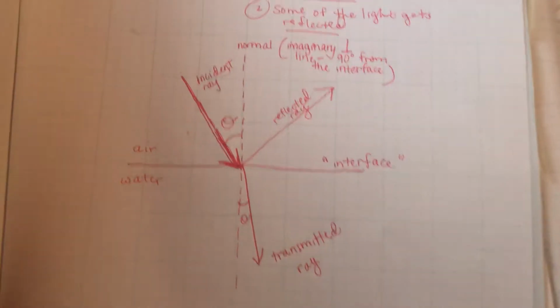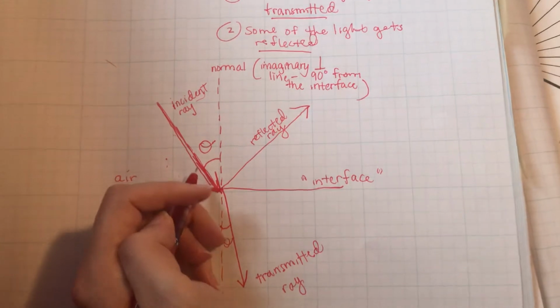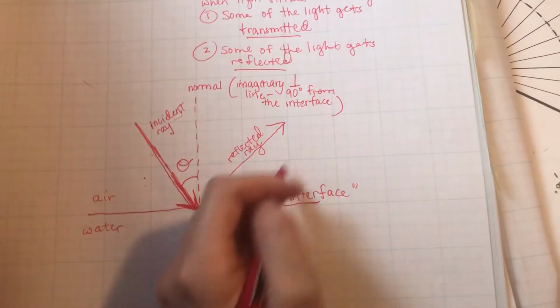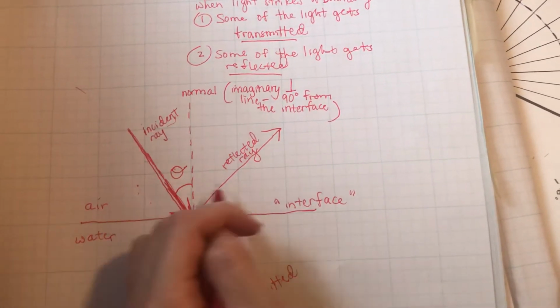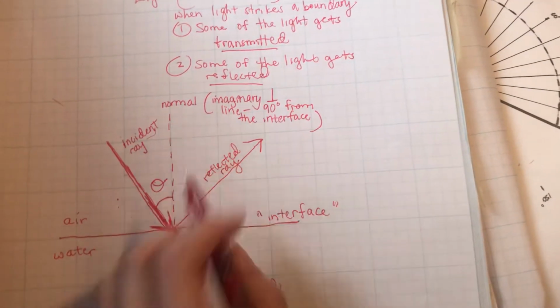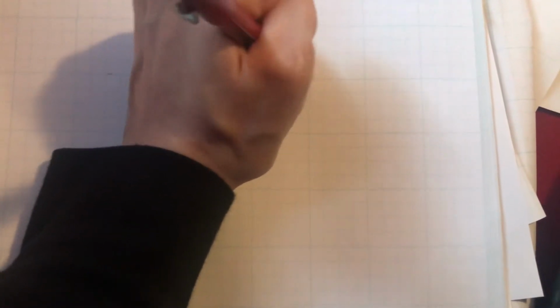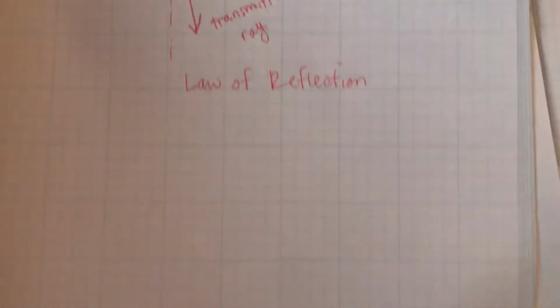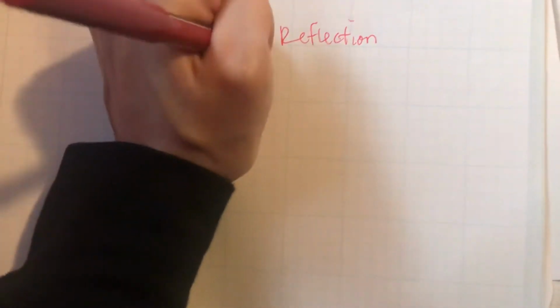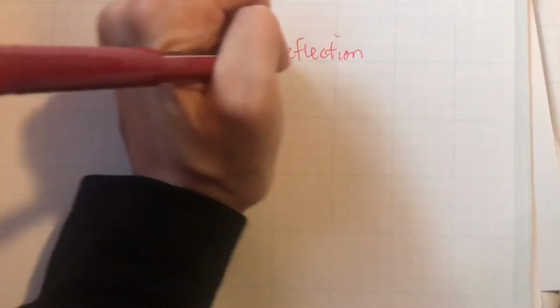So what I've just shown, without really saying so, is something that you already sort of intuitively know, and that is called the law of reflection. The law of reflection essentially states that the angle of incidence will be equal to the angle of reflection.